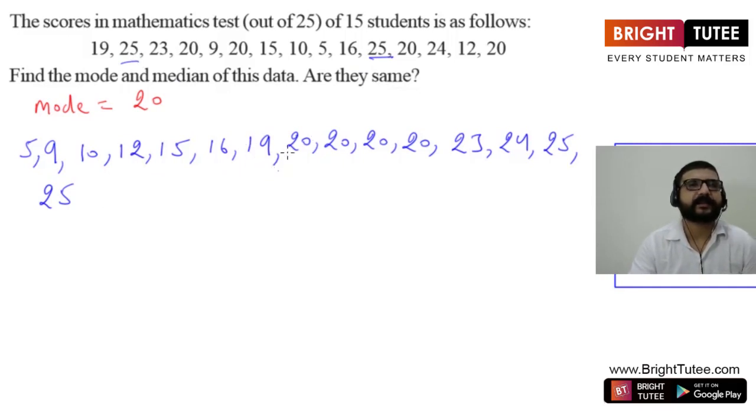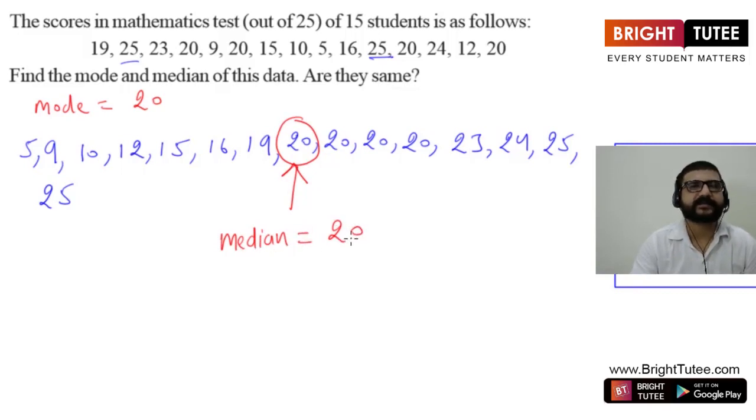Now we have to find the middle value. Since there are 15 numbers written here, the middle value will be the 8th value, and that will be 20. This is the middle value or the middle term. So we can simply write median is equal to 20.